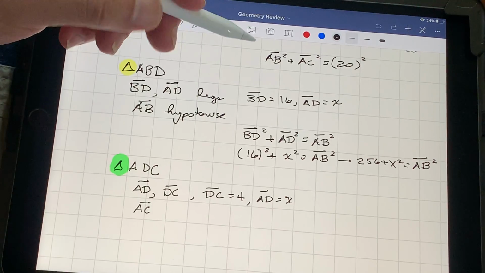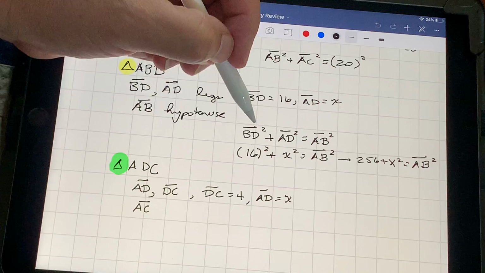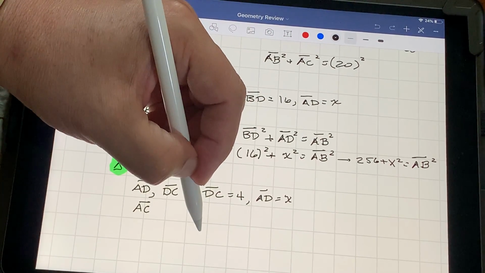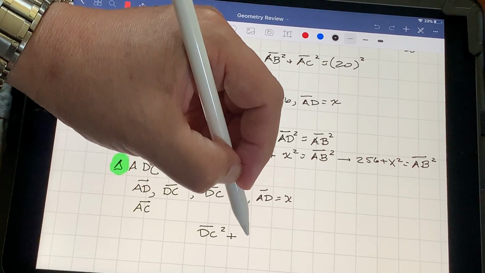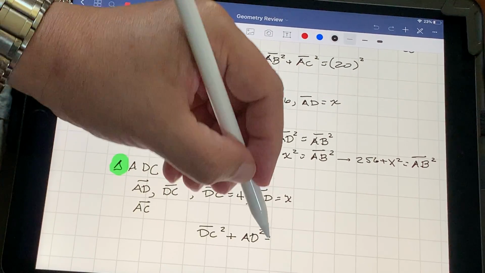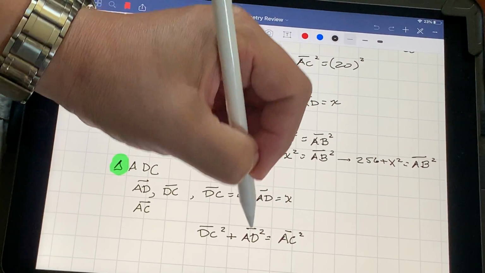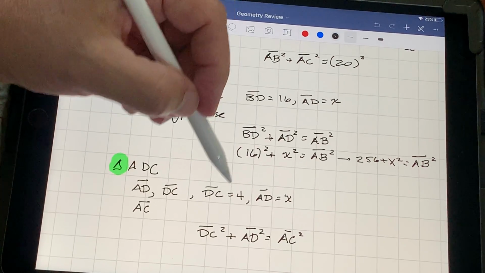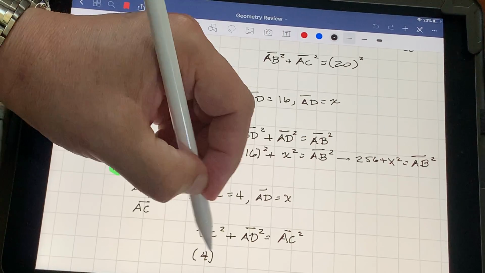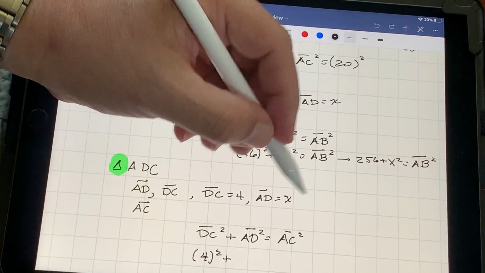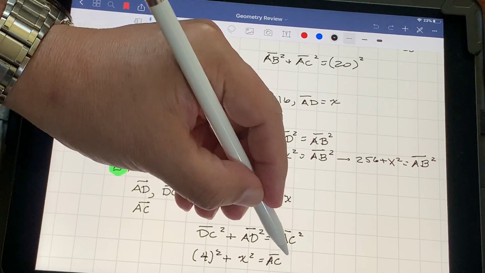So now, applying the Pythagorean theorem, I can say that DC squared plus AD squared equals AC squared. But DC is 4, so that means that I have 4 squared plus AD is x, x squared equals AC squared.